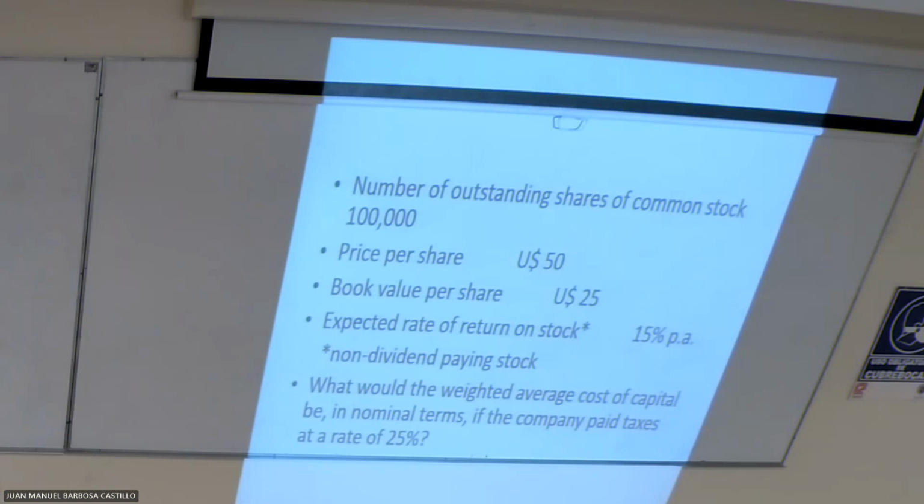Not book values. I repeat, in order to calculate WACC, we need to use the value of debt, value of equity, and therefore the value of the firm in terms of market value. Not book values, not face values, market values.